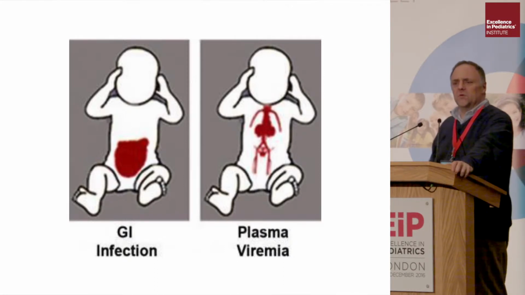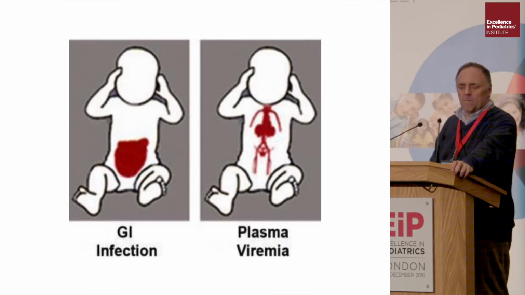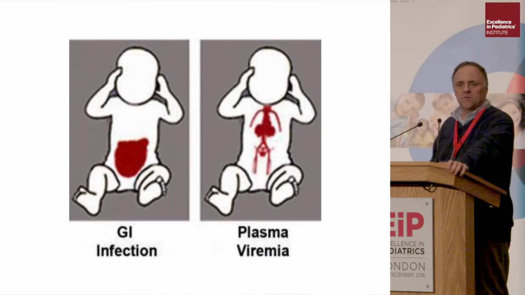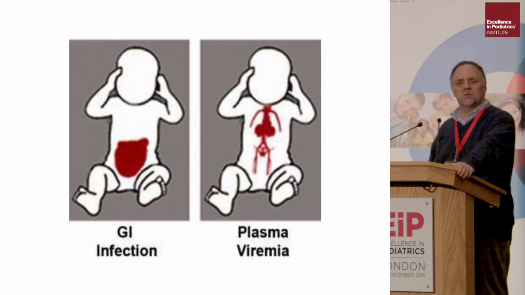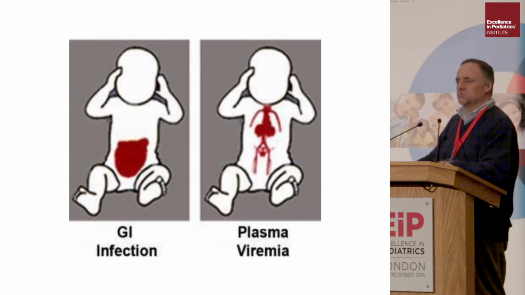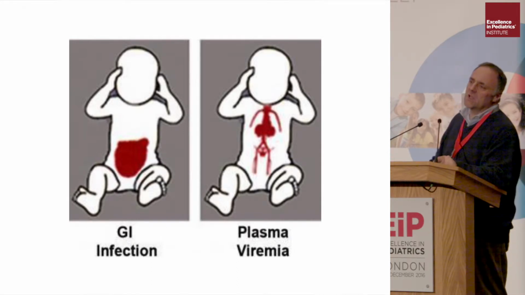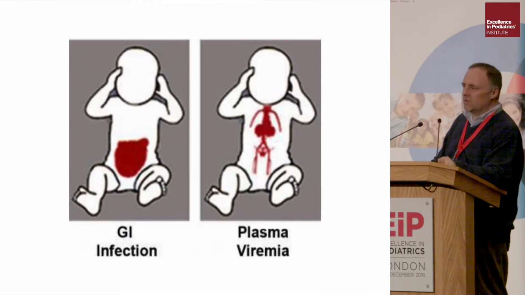For a long time, people thought that rotaviruses only infected the gut. That is absolutely not true, but that goes for many other viruses. For example, for respiratory syncytial viruses, we think, oh, this is a respiratory pathogen and you can only find it in the lungs. It is not true. When you look in the blood during a rotavirus episode, but most people don't do that, of course, you will find that that virus is viremic.